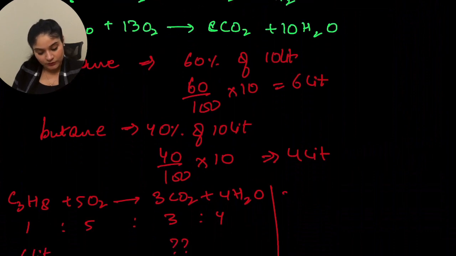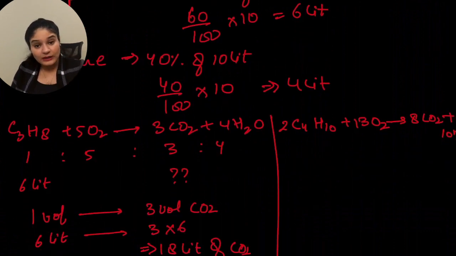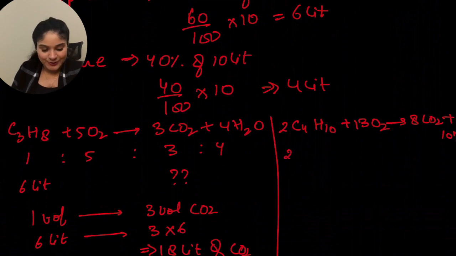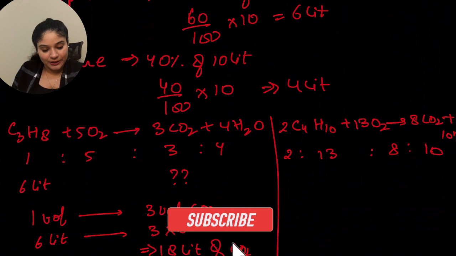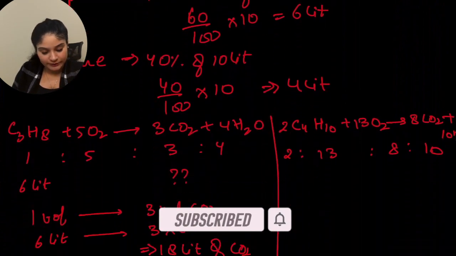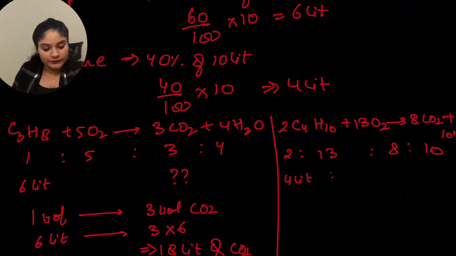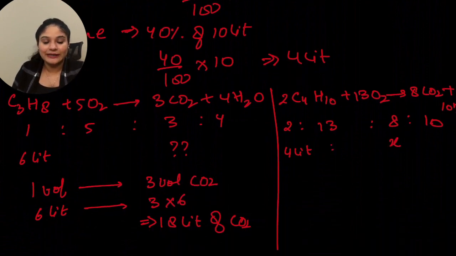Next equation is 2C4H10 plus 13 oxygen is giving you 8 CO2 plus 10 H2O. Let's look at the ratios real quick. So 2 is to 13 is to 8 is to 10. Okay, so how much did we get? We get 4 liters of butane. And you're looking for carbon dioxide, that is X. Okay, let's start with that.